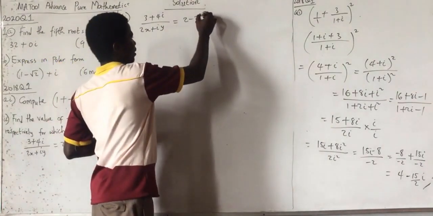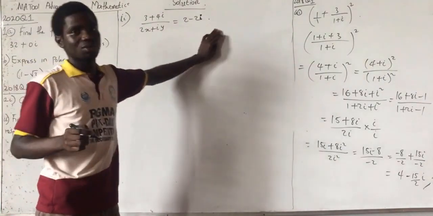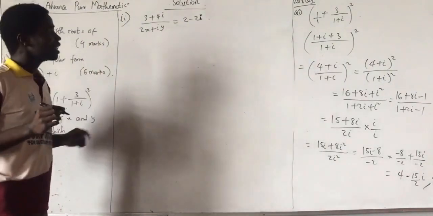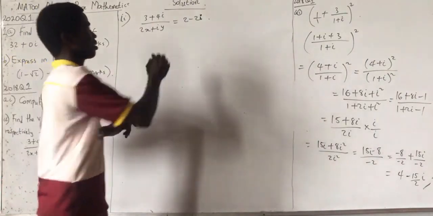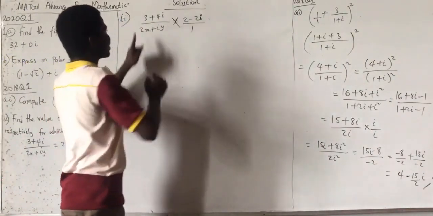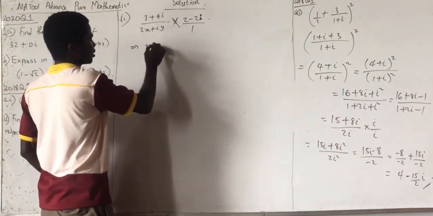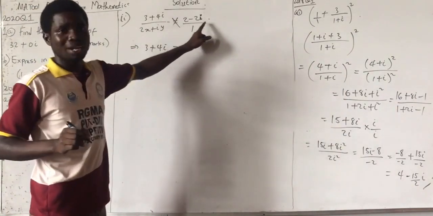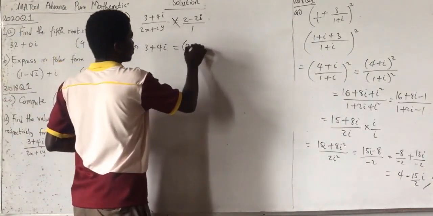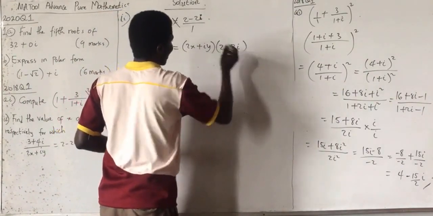Now, instead of rationalizing here, don't rationalize, cross multiply. When you cross multiply, 3 plus 4i times 1, anything times 1 is still the same thing. 3 plus 4i, that's what you are going to have. And (2x plus iy) multiplied by (2 minus 2i).